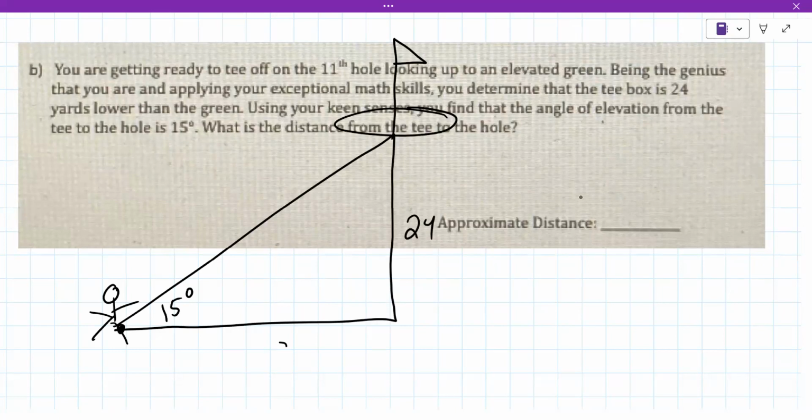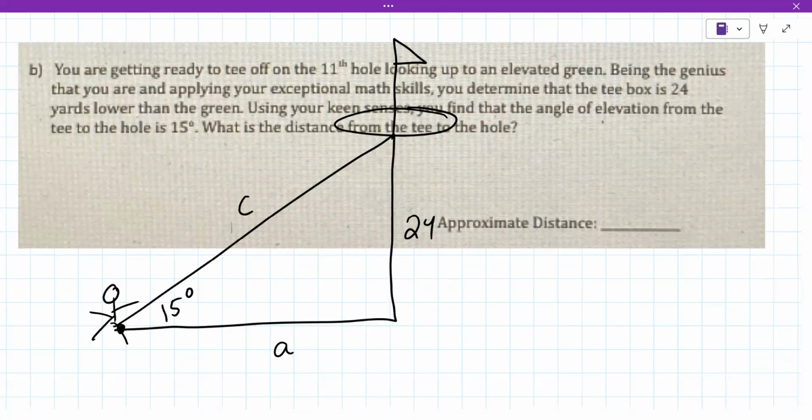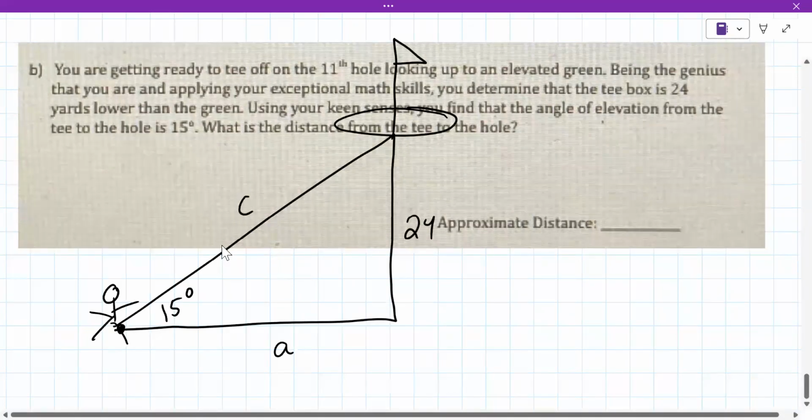So are we finding A or C in this problem? No, C. Yeah, we're finding C. So are you going to use sine, cosine, or tangent?